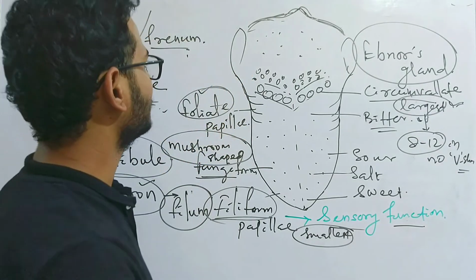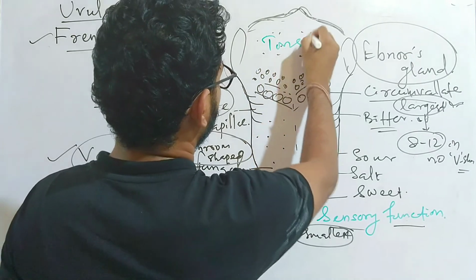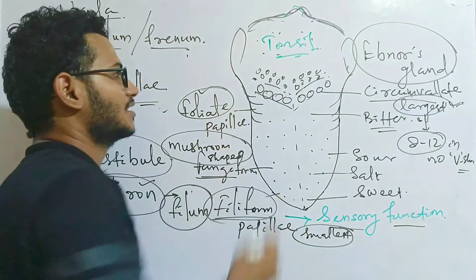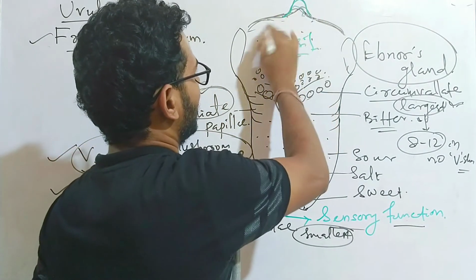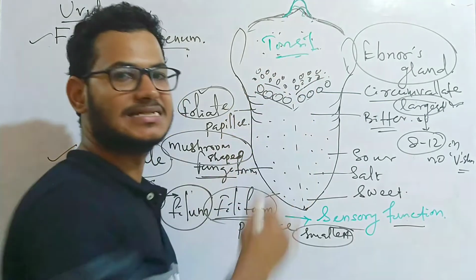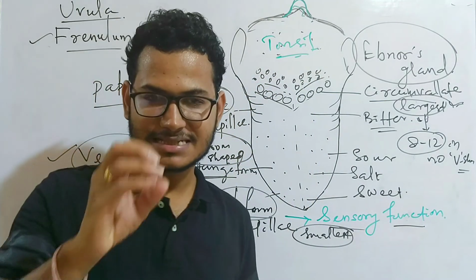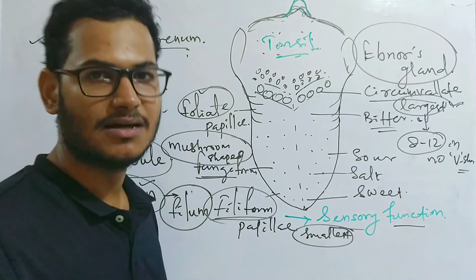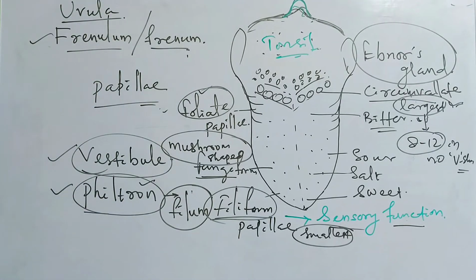At the end, remember here the tonsil is present. Tonsil is present on either side of the glottis. This is the glottis, the structure. On either side of the glottis, tonsil is present. Sometimes the tonsil enlarges in size, causing pain in our buccal cavity, on the throat.